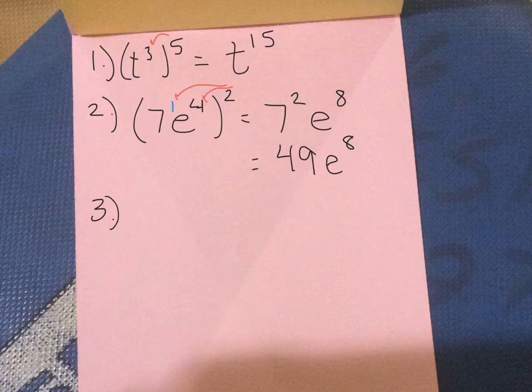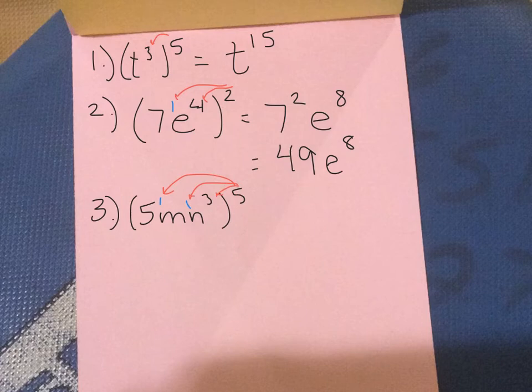One that's a bit more complicated: 5 m n to the 3rd, all to the 5th. Again, if we don't see an exponent, there's a 1 there, there's a 1 there, and I'm going to distribute through.